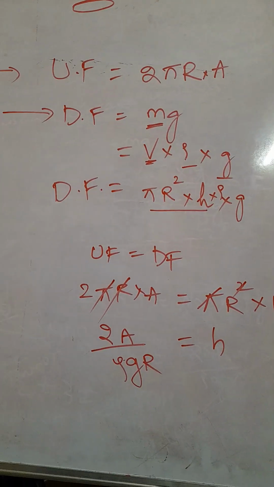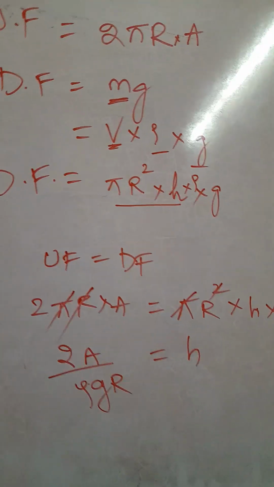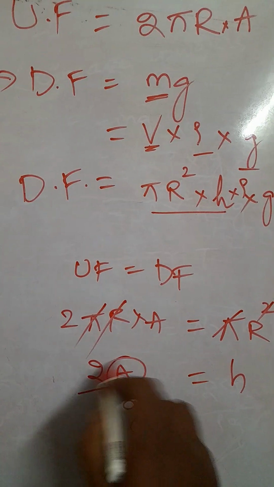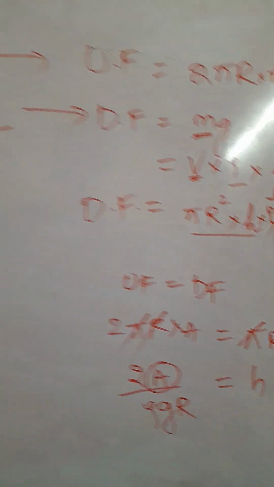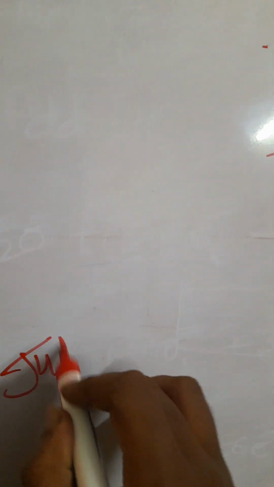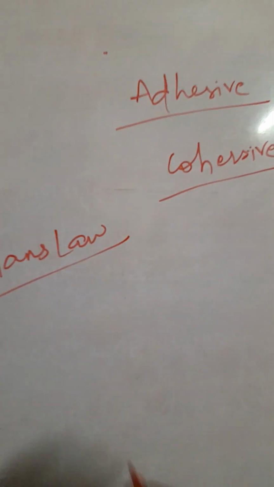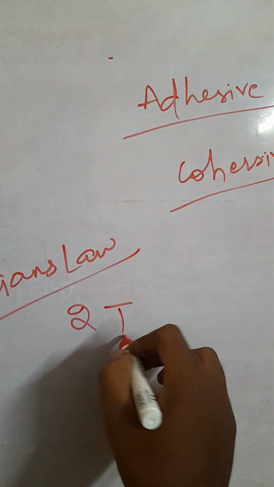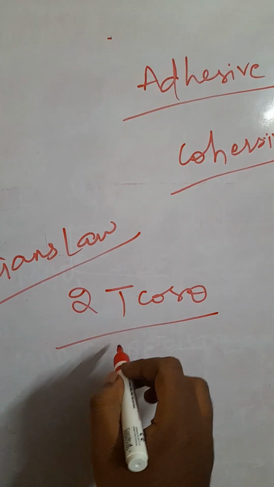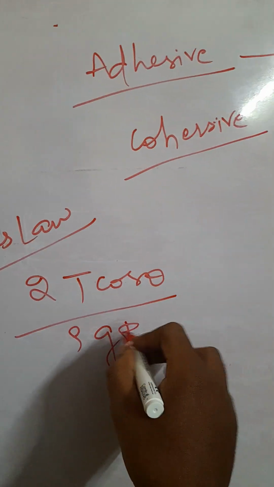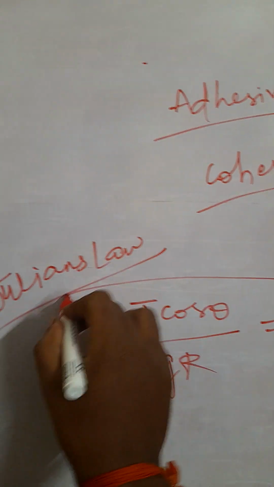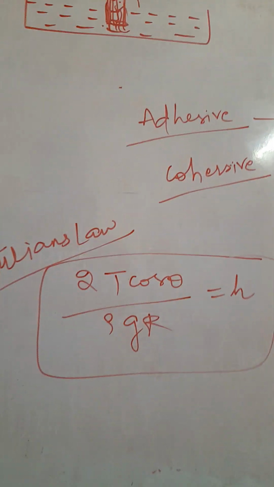So this is the formula for the height of the capillary in terms of A, but we are not sure how we can use this A. This is actually called Jurin's law, wherein A is defined as T cos theta divided by rho g r, which is equal to h. So what is this T?